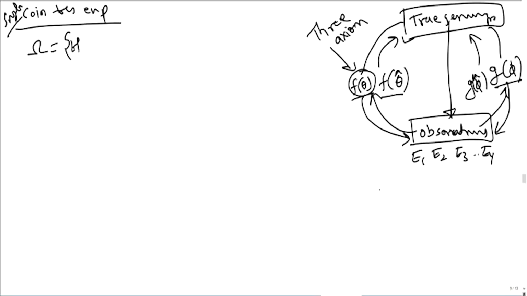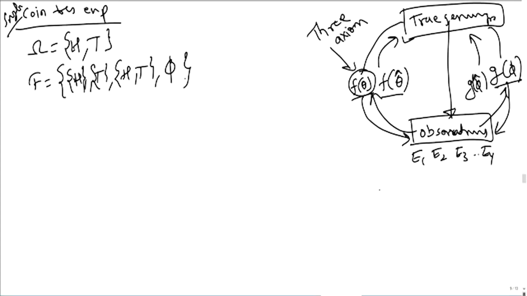You can get heads or tails, right? So these are two possible outcomes for a coin toss. What would then be the event space? Head, tail, head-tails, and an empty set. So, these are all the possible events.